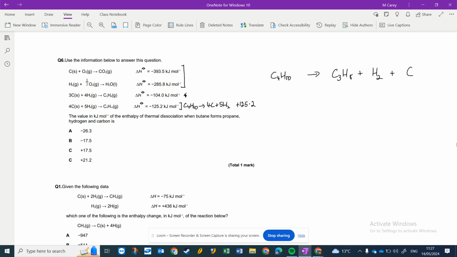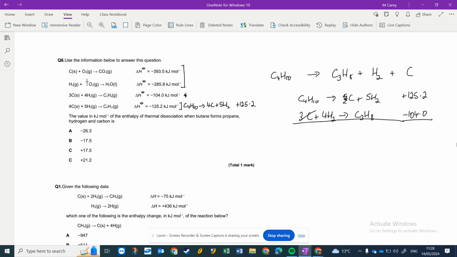So actually, if we just add those two together, so if we have C4H10 gives you 4C plus 5H2, and we add 3C plus 4H2 gives you C3H8. That's plus 125.2 kilojoules per mole. That is minus 104.0. Add those.